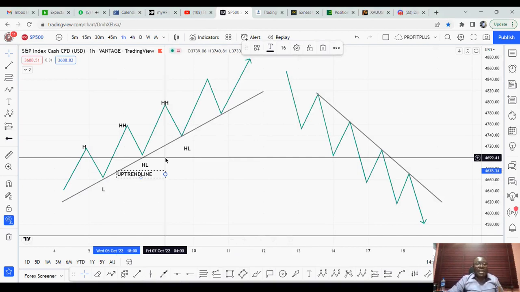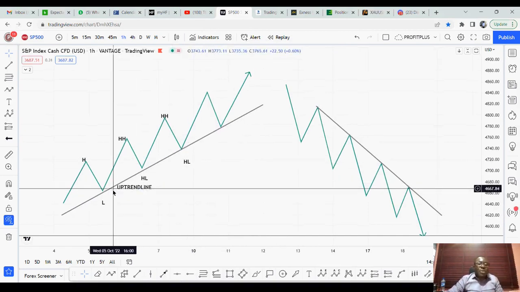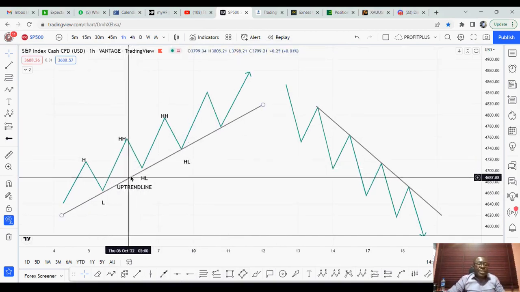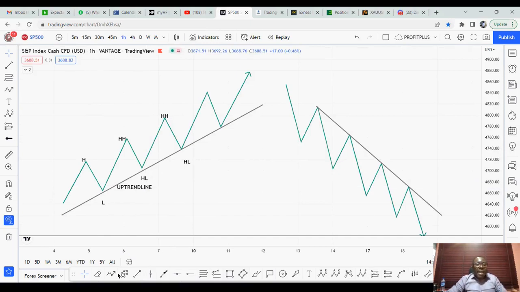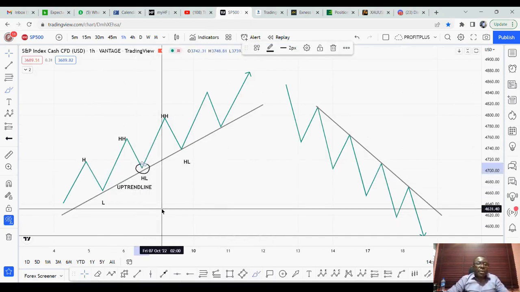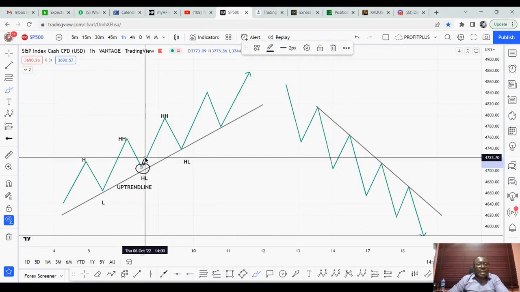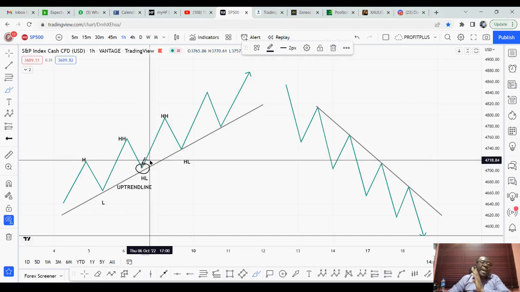So in an uptrending market, what we are looking for is just buying opportunities, all right? And if you happen to see this trend line beginning maybe around this area, this is where you saw it. And the moment the price starts to go up, then you can buy the market.